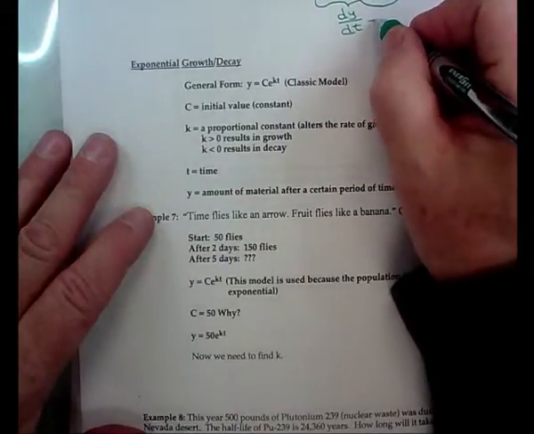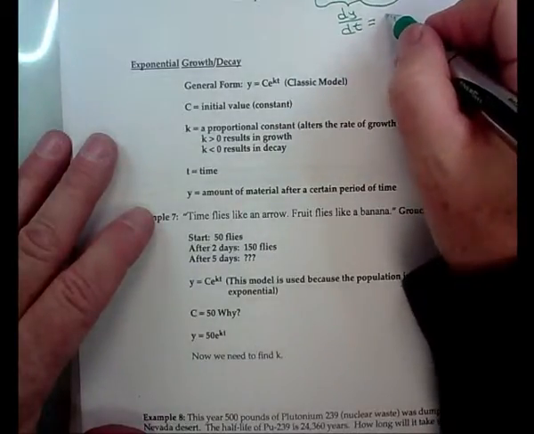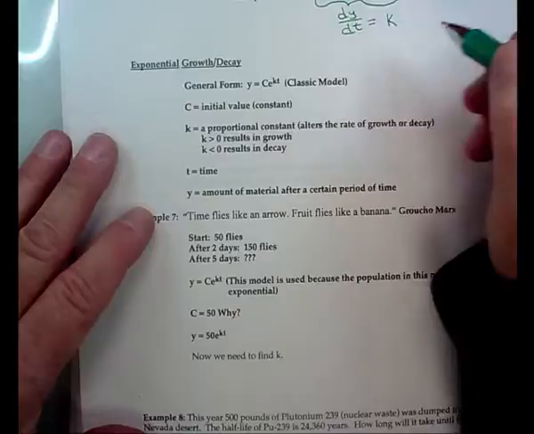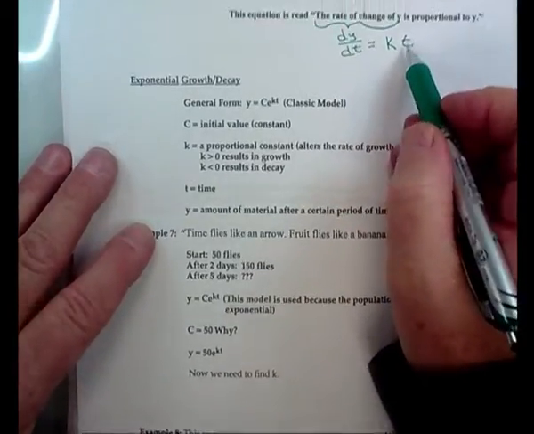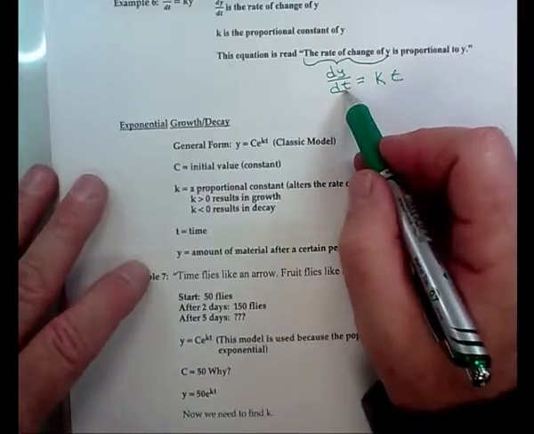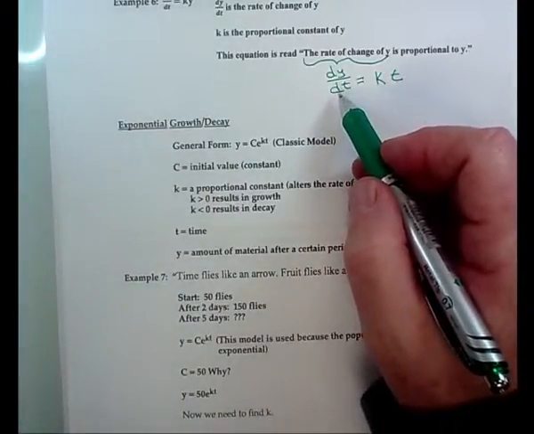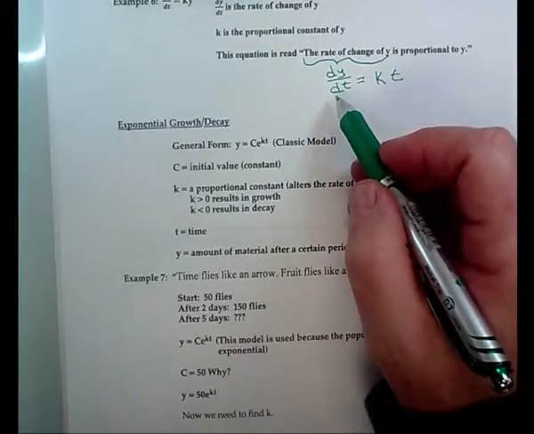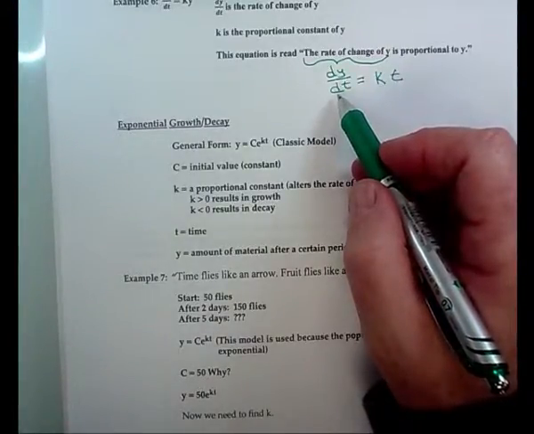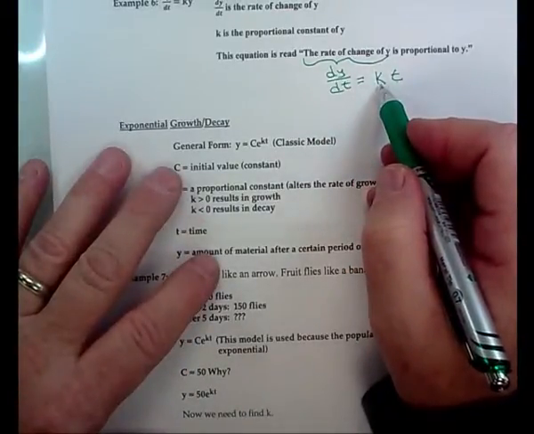And then proportional means you have some constant times time. Now, why do I know that this is my variable? Because it's dt. When I say with respect to time, time is my input value. Y is my output value. Is that making sense? This represents some number.